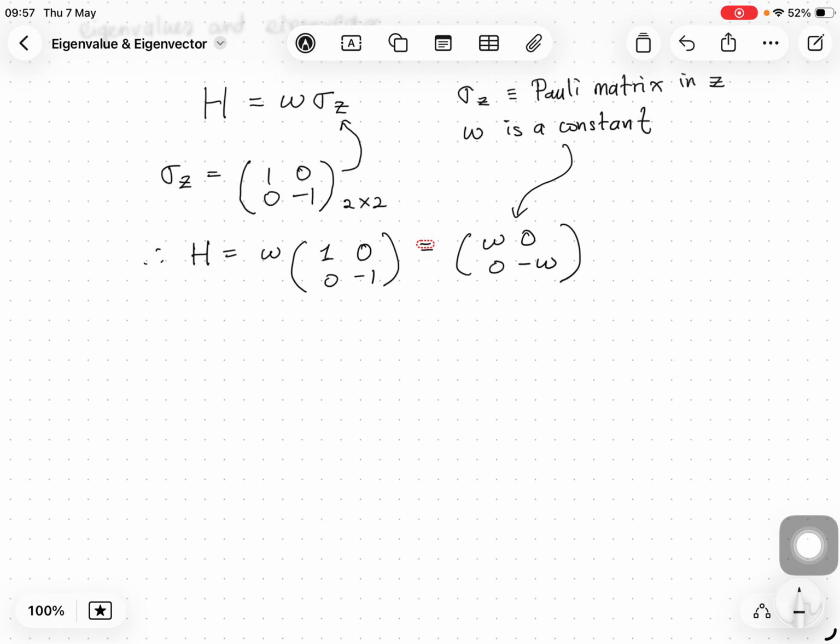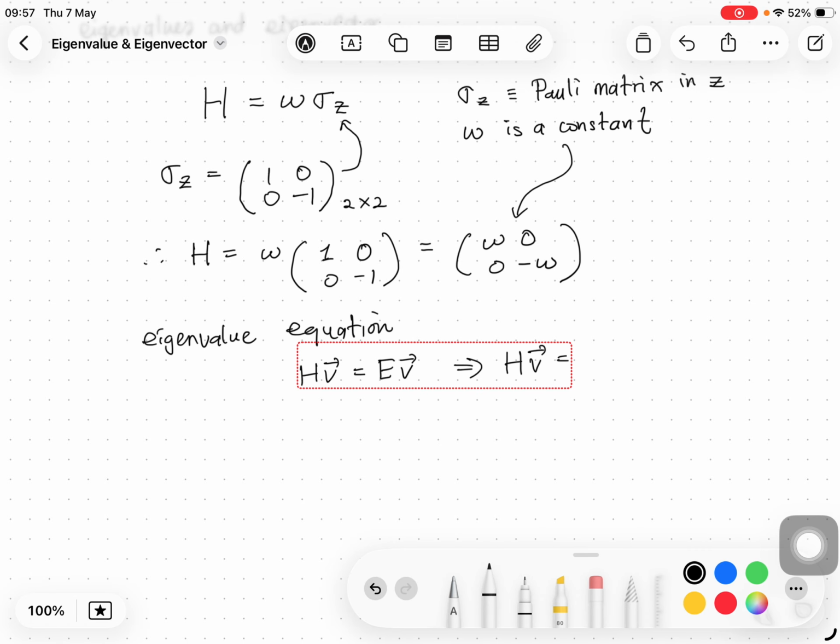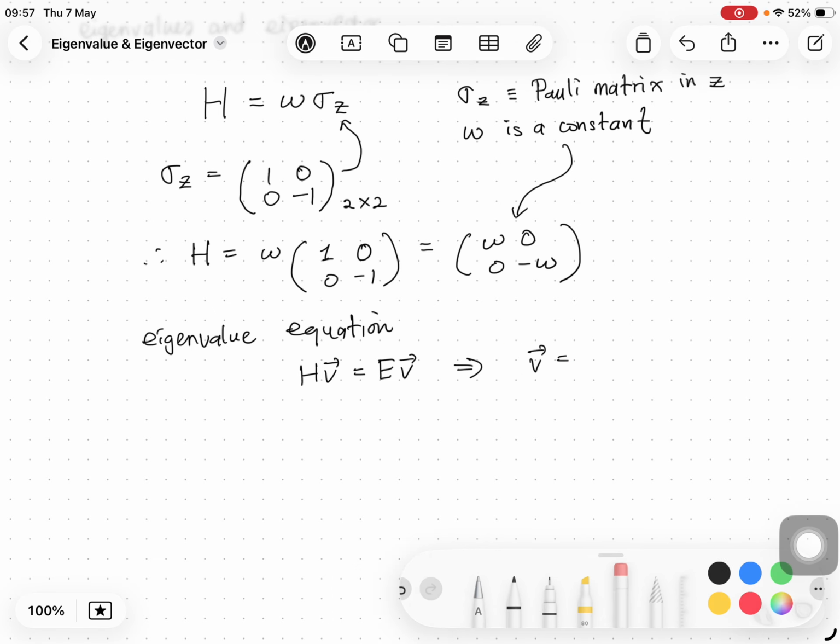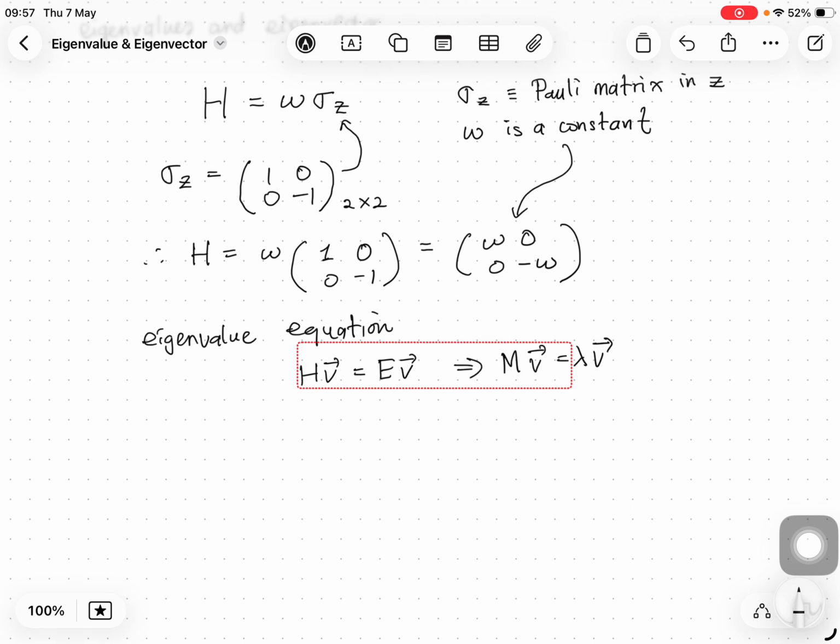So we try to solve the eigenvalue equation, or we look at transformations. H V equals E V. In class I put it in matrix form, M V equals lambda V. It's very similar.